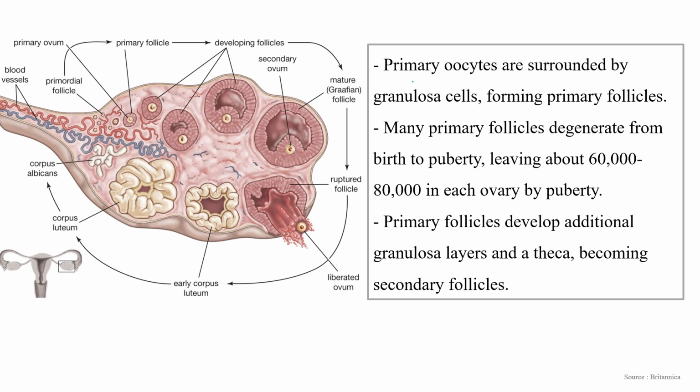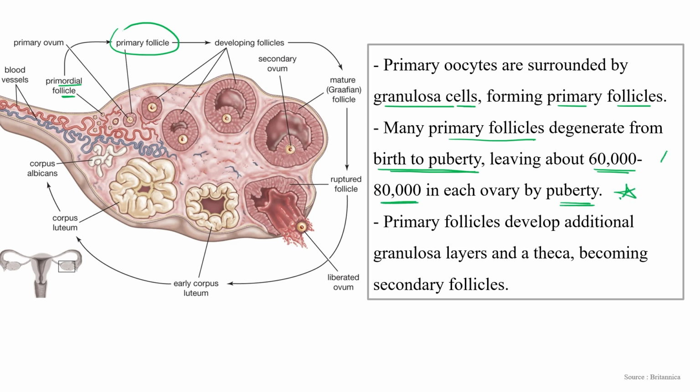Then these primary oocytes are surrounded by granulosa cells, forming a primary follicle. This is the primordial follicle, and this is the primary follicle. Now, many primary follicles degenerate from birth to puberty, leaving about 60,000 to 80,000 in each ovary by puberty.